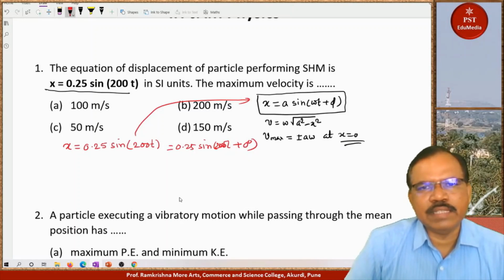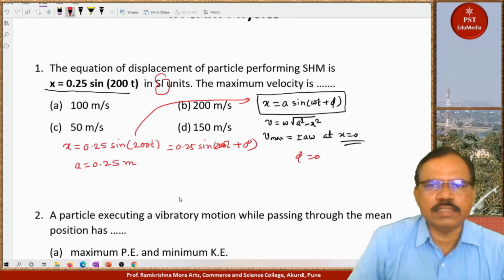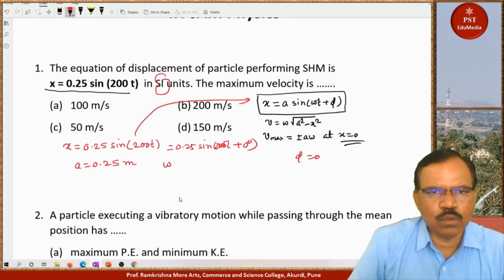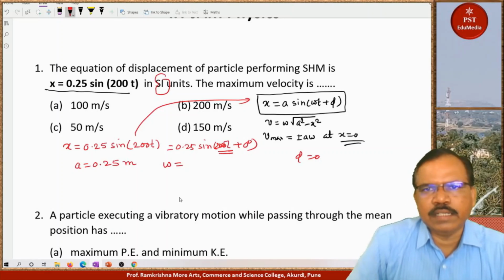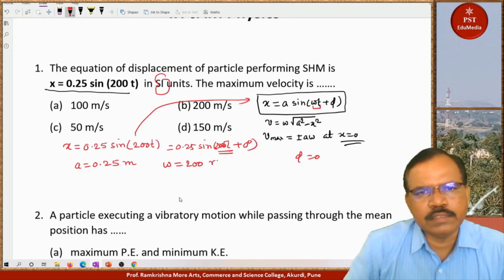So phi is 0. A is 0.25 meter because it is given in SI unit, so A is amplitude, that is in meter. And omega t is 200t, so by comparison we get omega is equal to 200 radians per second.